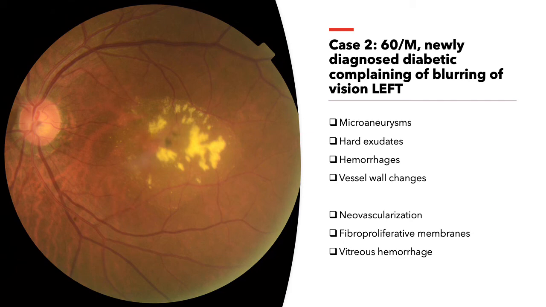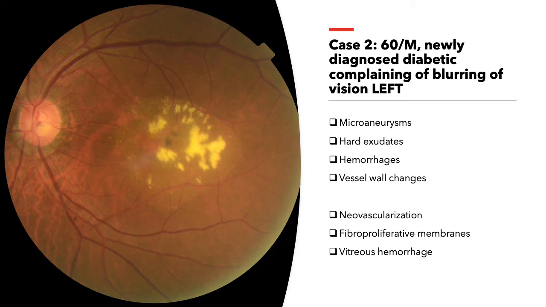Okay, fine. But do you see microaneurysms? Do you see hemorrhages? No. How about vessel wall changes, like thickening of the veins? Okay, in the superotemporal part, there's maybe a little bit of dilation.